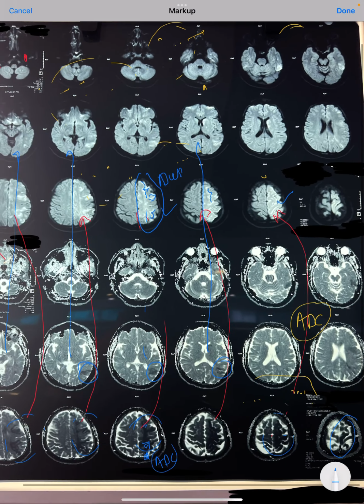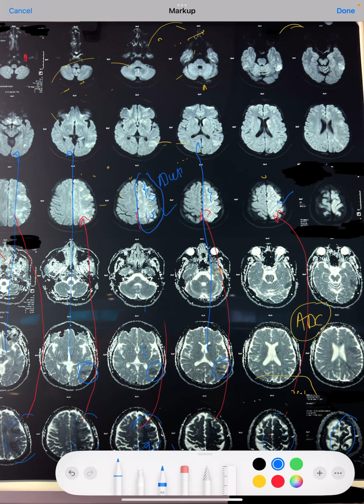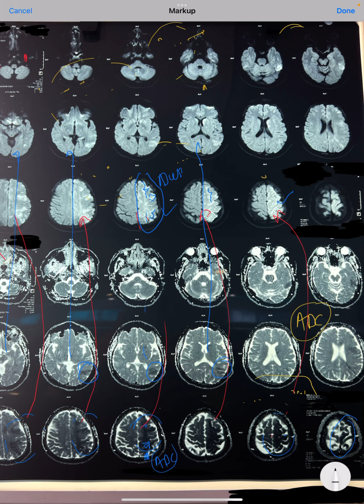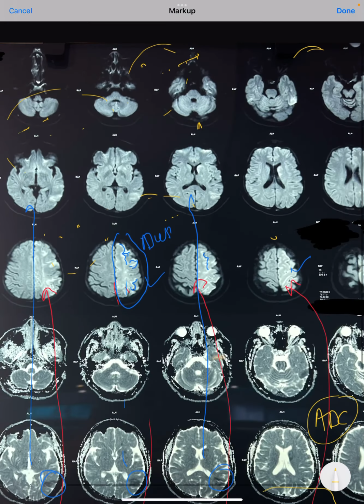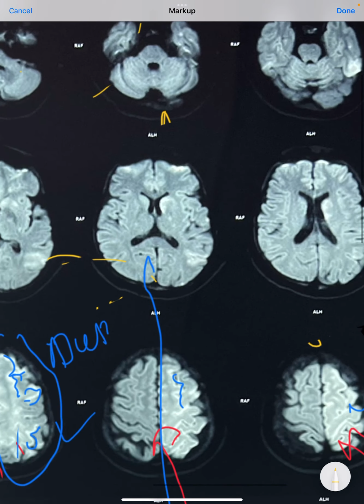Now we should remember one thing, that how to understand which artery is involved. To remember this is very easy. There are three main arteries, that is anterior cerebral artery, middle cerebral artery, and posterior cerebral artery.